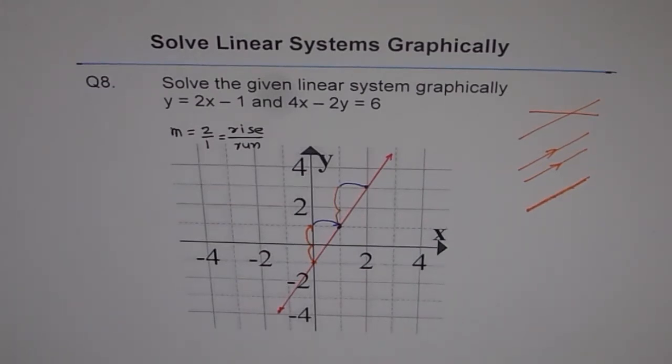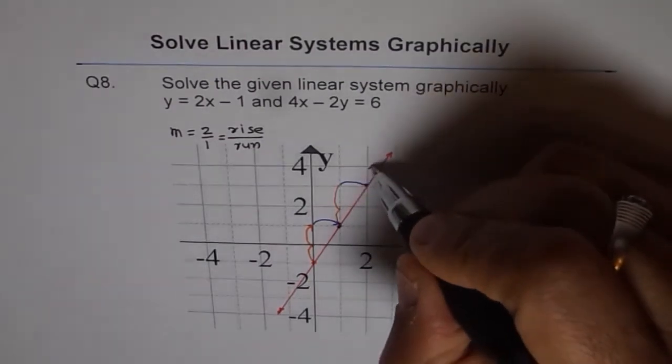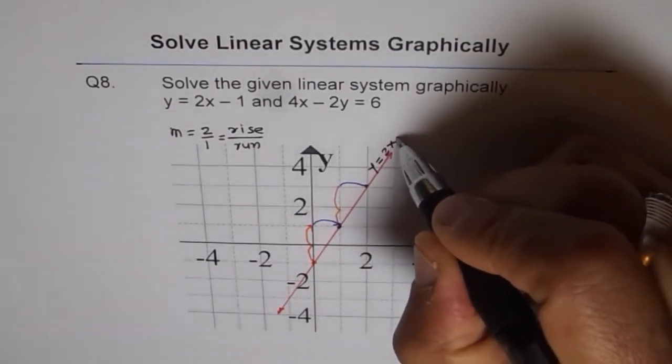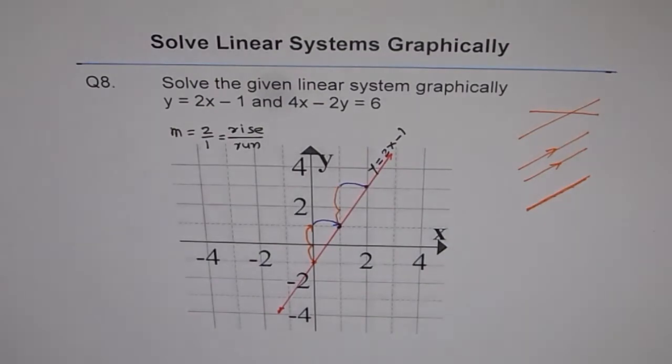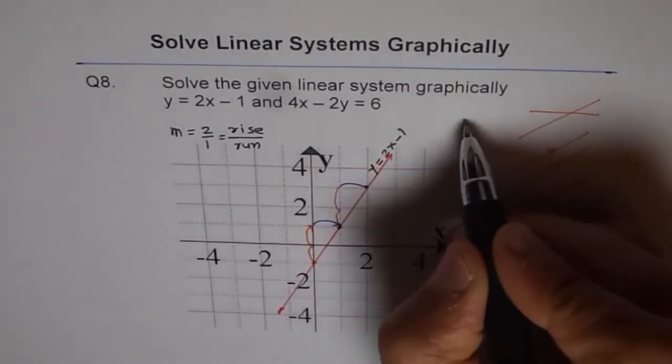Now the second one. Let me write down here the first equation, which is y equals 2x minus 1. The next line is 4x minus 2y equals 6. As you have learned by now, the best way to sketch this line is by finding the x and y intercepts. So let's find the x-intercept for this line.